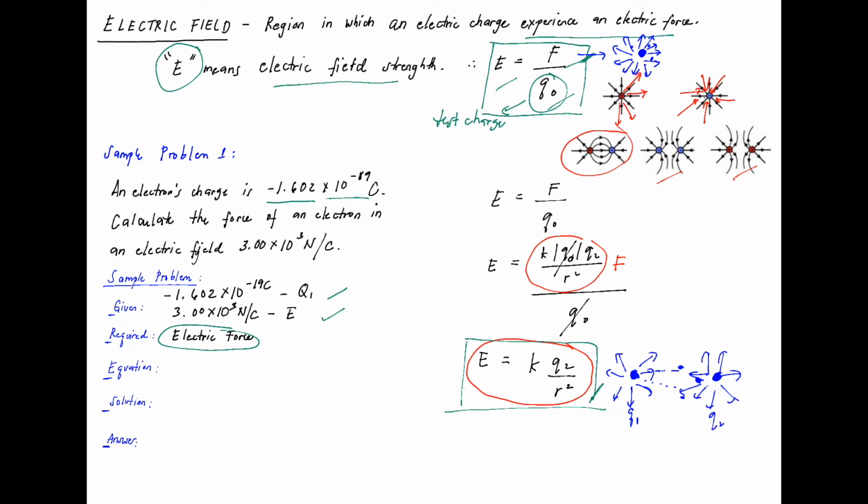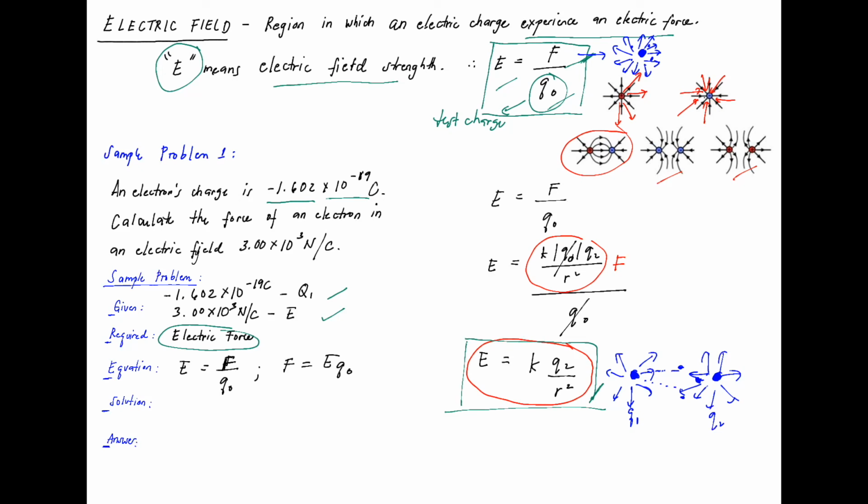Since we define the electric field as E equals F over Q0, we could find the equation for the electric force, which is F equals the electric field multiplied by the charge, Q sub 0.